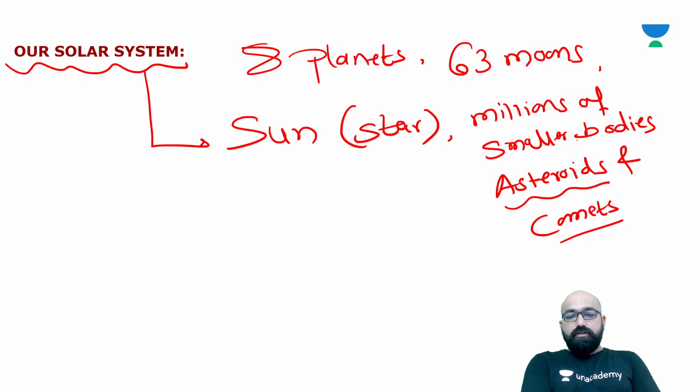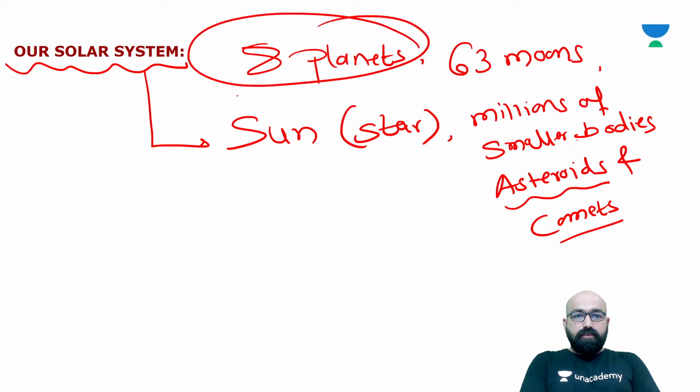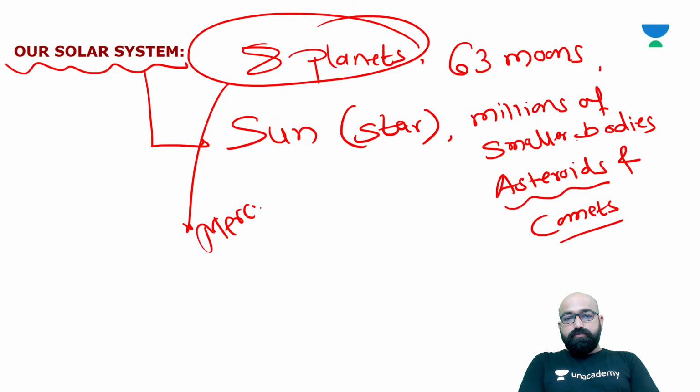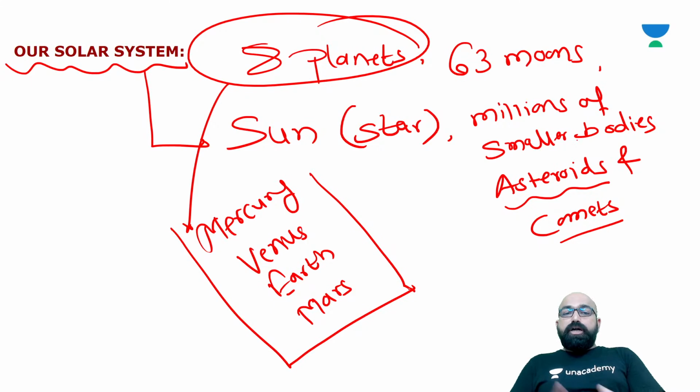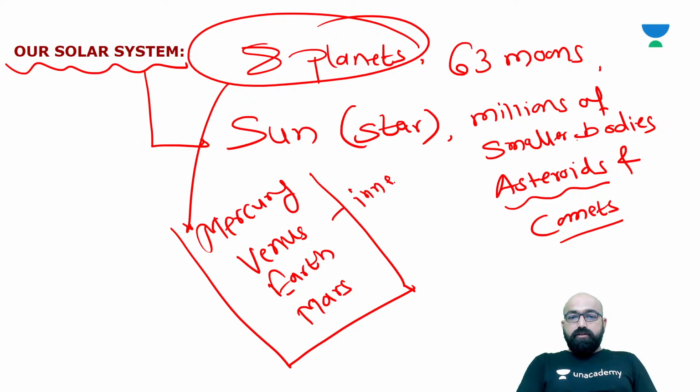Now, out of the 8 planets, Mercury, Venus, Earth, and Mars are called inner planets, as they lie between the Sun and the belt of asteroids.